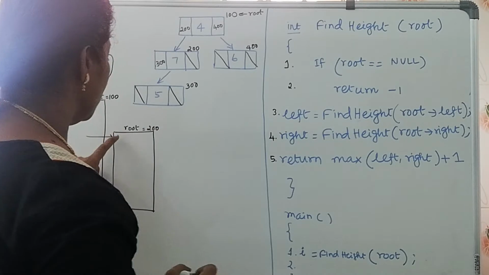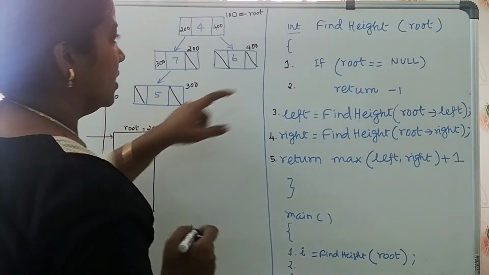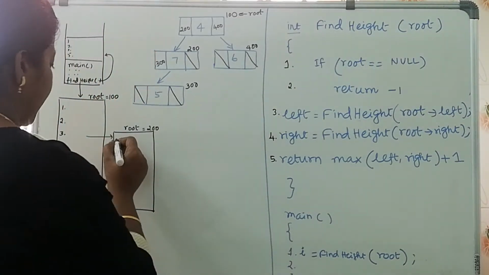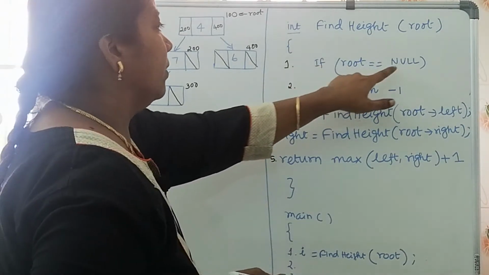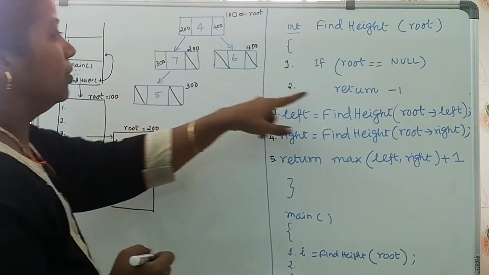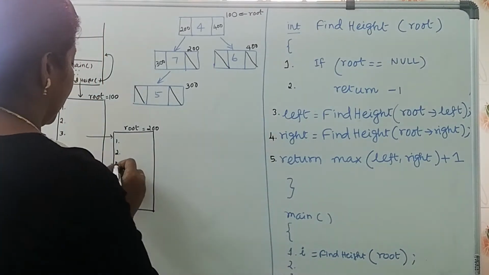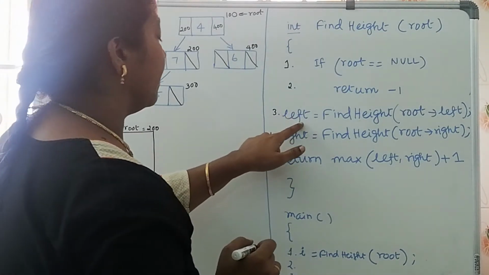Another stack frame gets initialized, and it will execute line number 1. If root equal to null, 200 is not null, so line number 2 will not execute. It goes to line number 3.